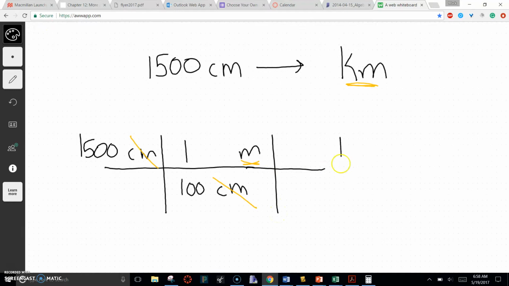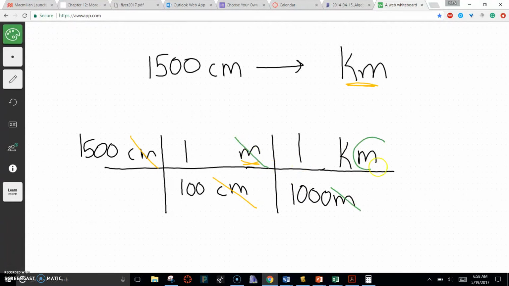And I'm going to go, okay, I'd like to get to kilometers. So I go, how many meters are in a kilometer? Well, there's 1,000 meters in 1 kilometer. So again, the meters would cancel, and I'd be left with the km, or the unit that I would like.